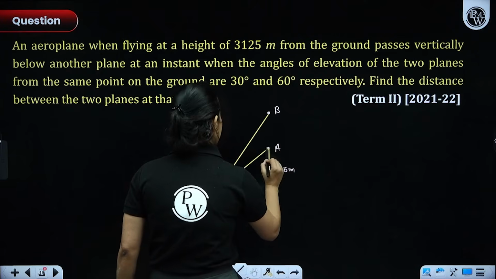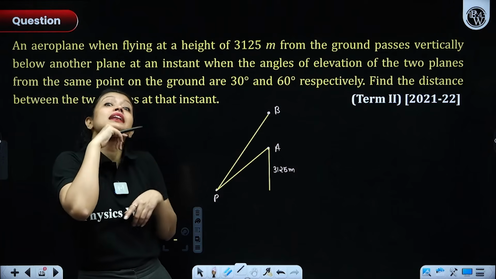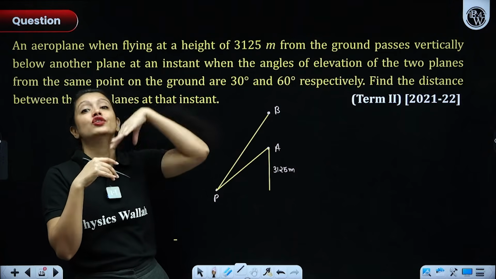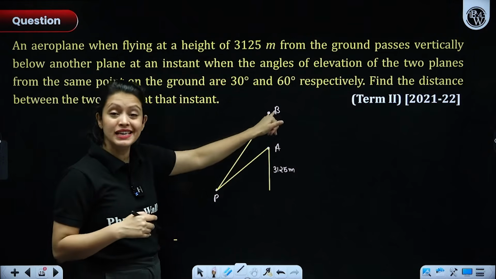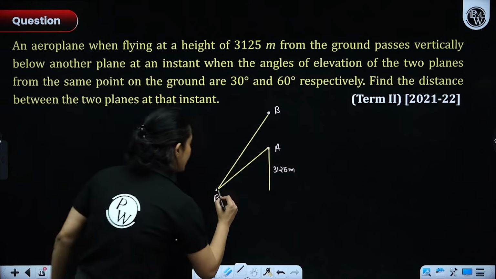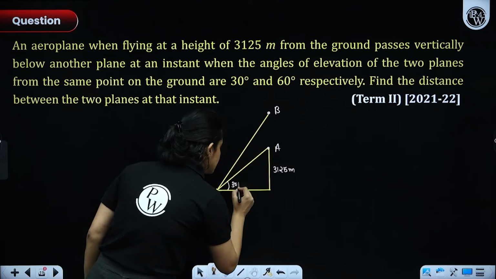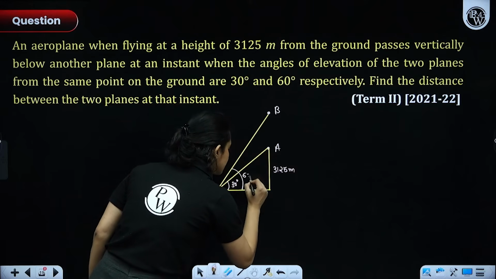The plane which is higher up, that plane's angle of elevation would be larger because obviously you'll have to incline your neck more up, right? So this B's angle of elevation would be greater while A's angle of elevation would be smaller, right? So I hope you can clearly see that this here is 30 degrees, guys, and this here is 60 degrees.